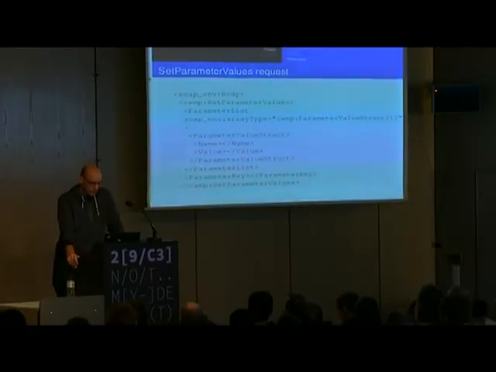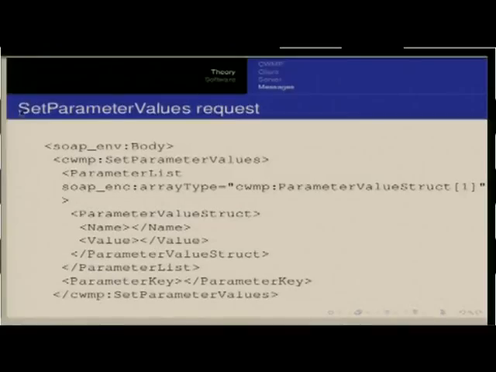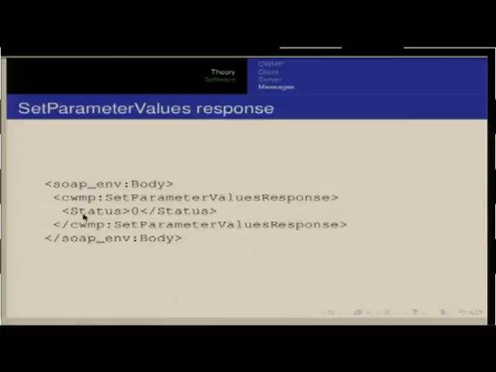Okay, so when the ACS wants to set a parameter, this is how it's done. Basically, you just put in this area the name of the parameter and then the value that you want to change, and you can put as many parameters as you want, but all the parameters must be set.